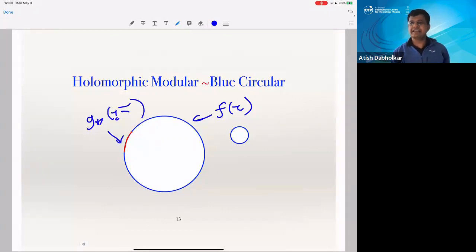And this whole function, the addition, is like the f hat that I talked about. And this g star in turn is constructed from a little circle, which is a g tau, which is really a blue holomorphic modular form. So this is a rough, I mean, actually a pretty good, I would say, geometric analogy.